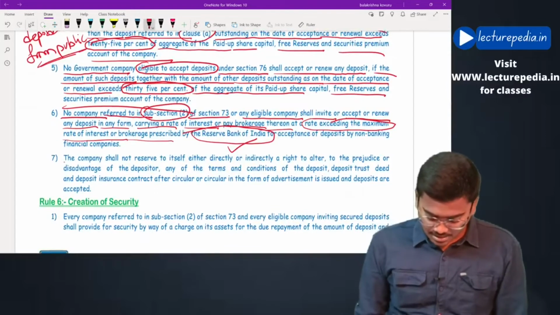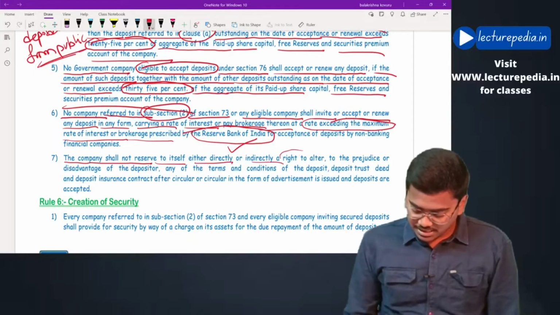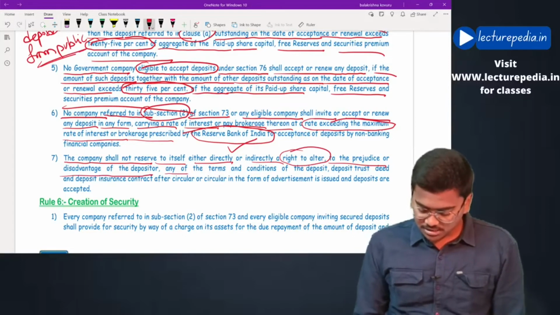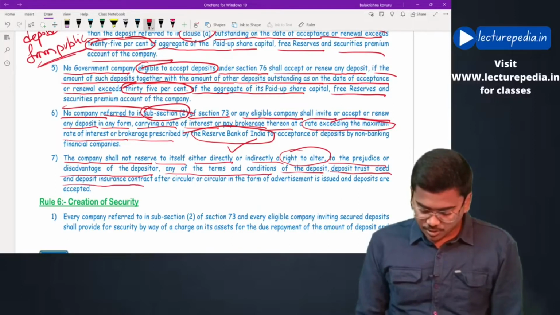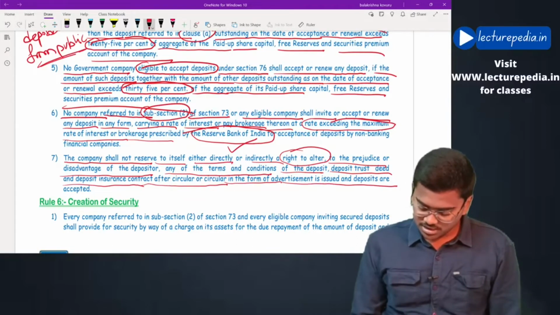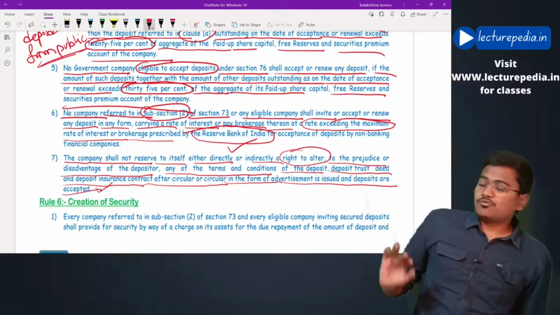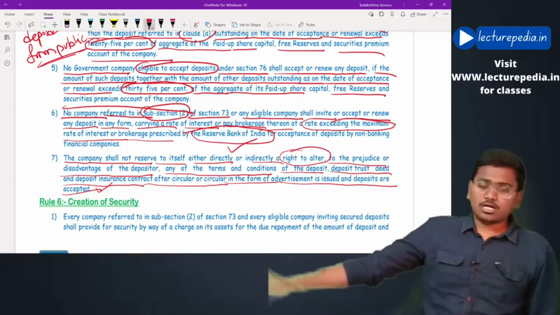Next, the company shall not reserve itself, either directly or indirectly, a right to alter, to the prejudice or disadvantage of depositors, any of the terms and conditions of the deposit, deposit trust deed and deposit insurance contract after the circular or advertisement is issued and deposits are accepted. See, basically before a company issues deposits, it will circulate a circular or advertisement.